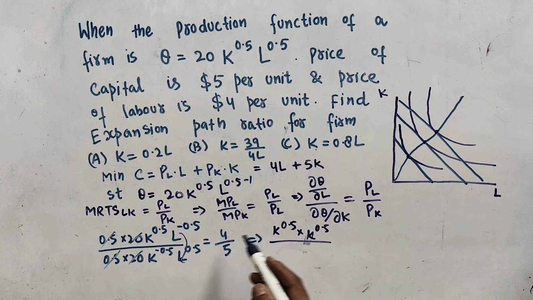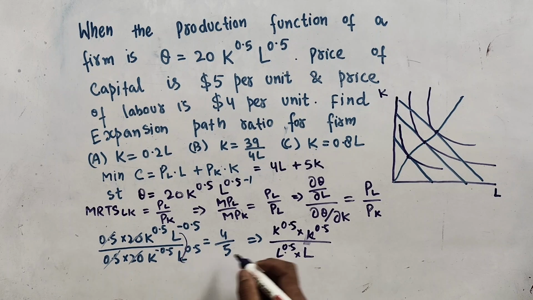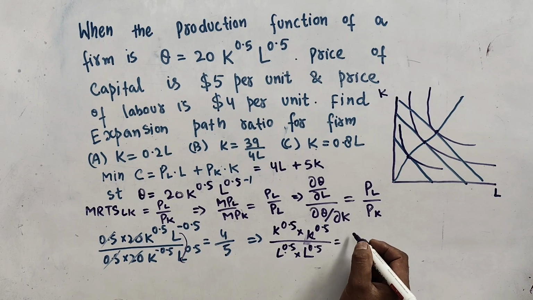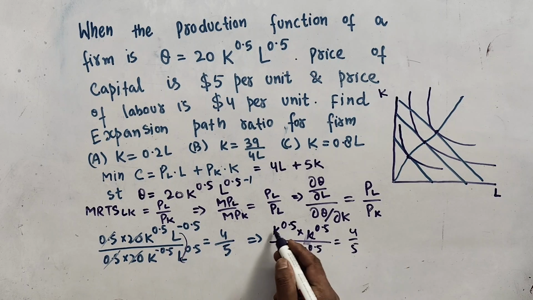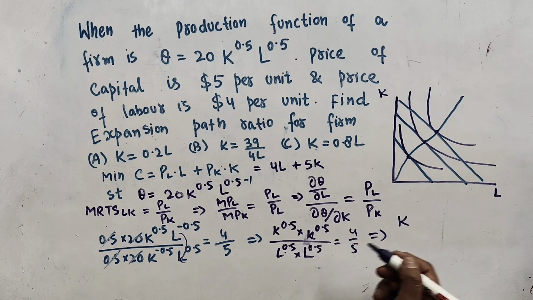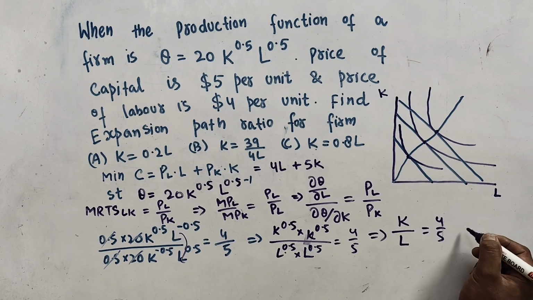Similarly, transpose this here, so we have L^0.5 first, then we multiply this exponent, which is minus 0.5, it becomes plus 0.5, should be equal to 4 upon 5. Bases are the same, so we can add up the exponents: 0.5 plus 0.5 is 1, and here also 0.5 plus 0.5 is 1, so we get K upon L is equal to 4 upon 5.